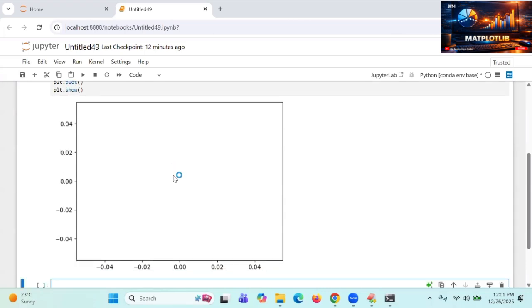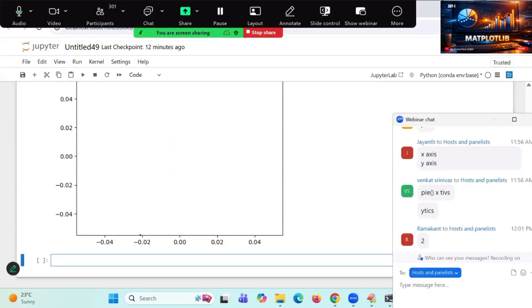So you see here, all of you, starting from minus 0.04. Minus 0.04 is adding with 0.02. Minus 0.04 plus 0.02. What is the answer? Minus 0.02. Minus 0.02 is adding with 0.02.